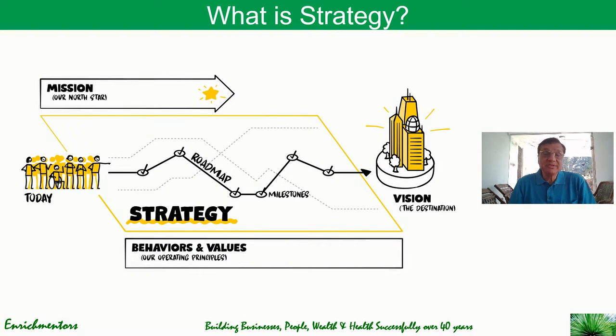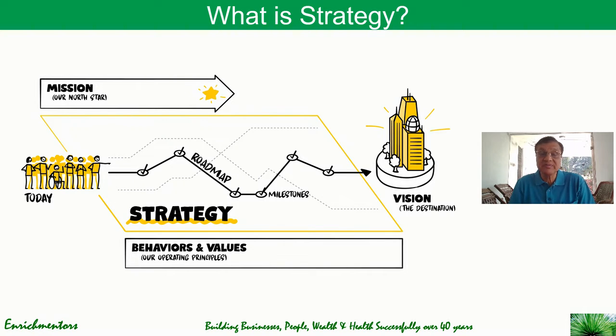So broadly, strategy basically tells you that if you are here today on the left-hand side and you have a vision or a destination where you want to reach, so you have a current state and you have a future state, you need to find a way to reach there, and that's what is called a strategy.